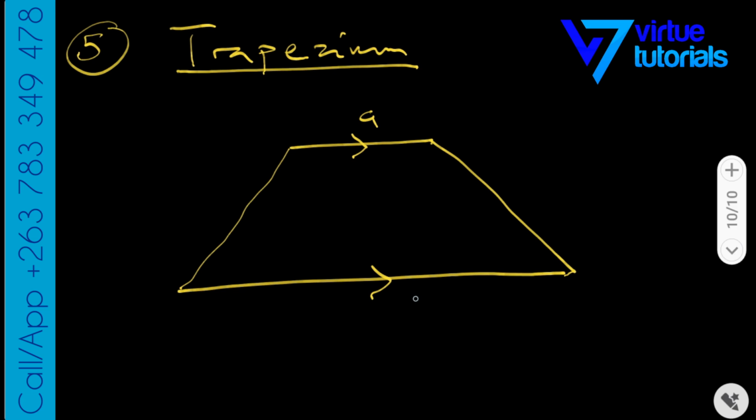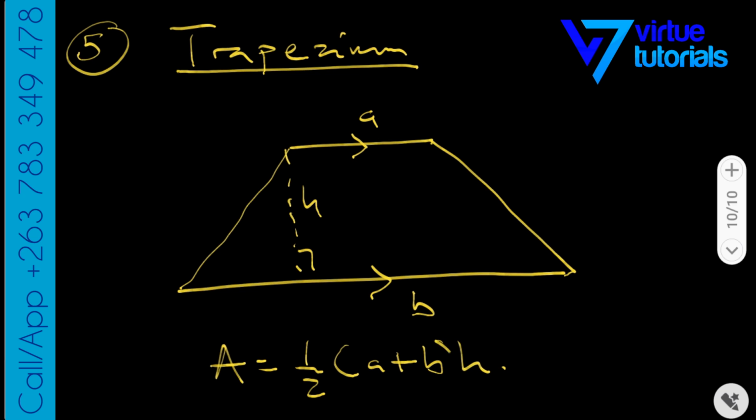We'll call them A and B, and we call the perpendicular distance between them h. The area of a trapezium is half of A plus B times h. You add the parallel sides and then multiply the result by the perpendicular distance between the two sides. So that's a trapezium.